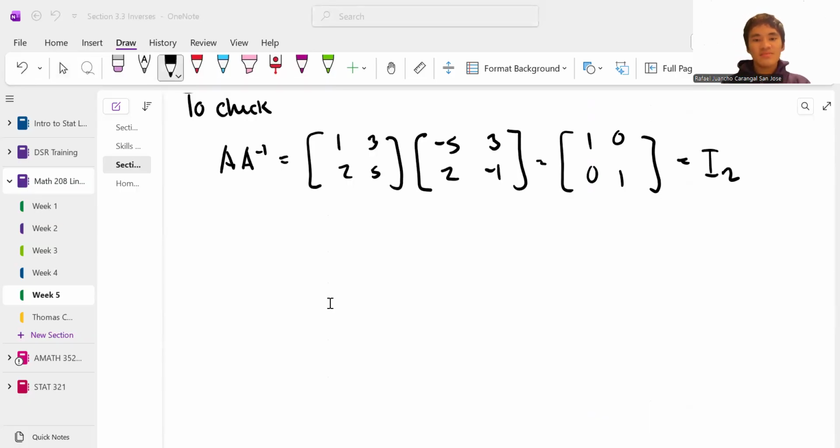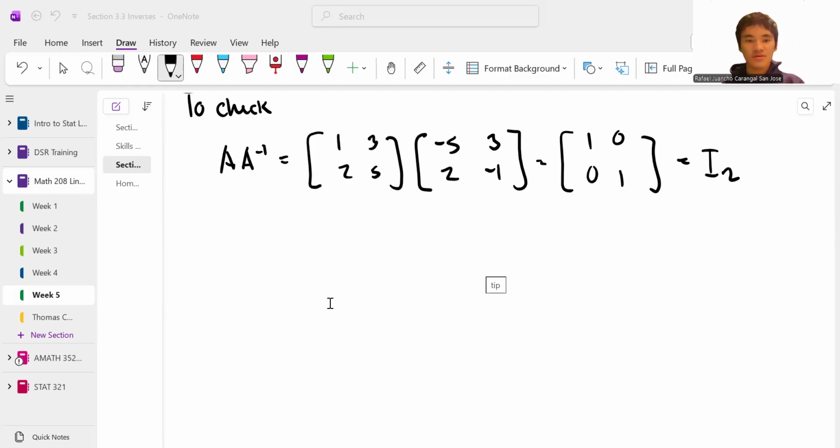So for a given n by n matrix A, so a square matrix A, if A is invertible, then this procedure will find A inverse. If A is not invertible, then the RREF, reduced row echelon form of A with identity, will not have identity on the left side.